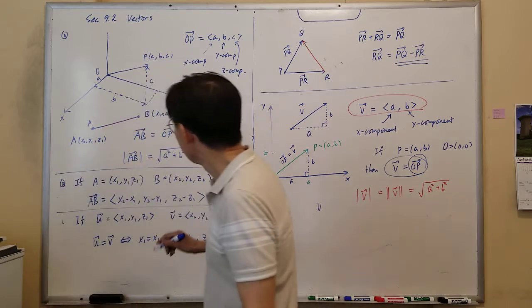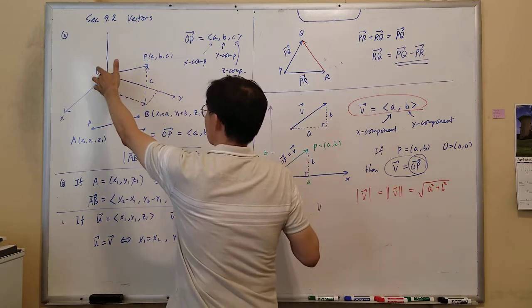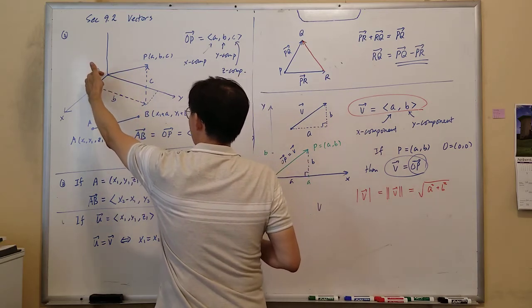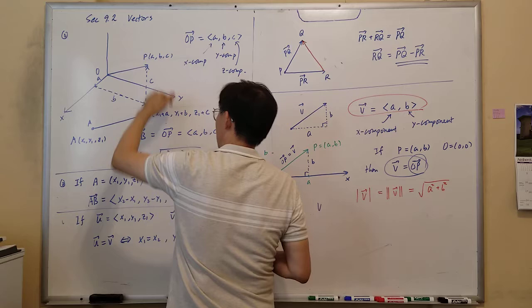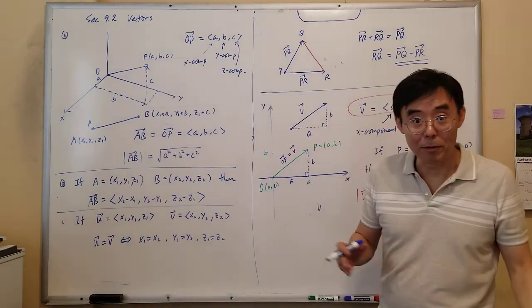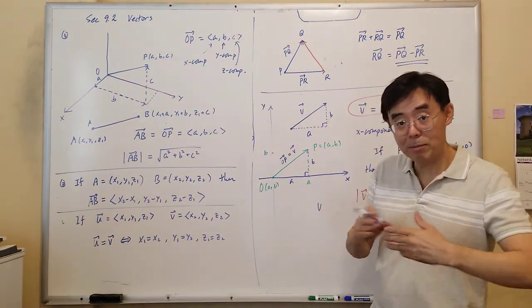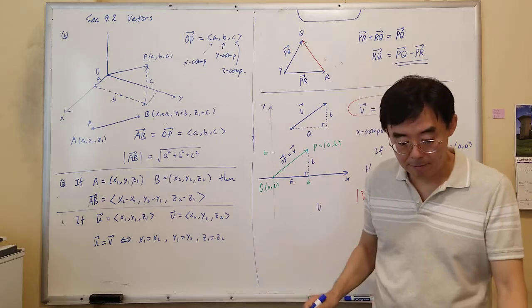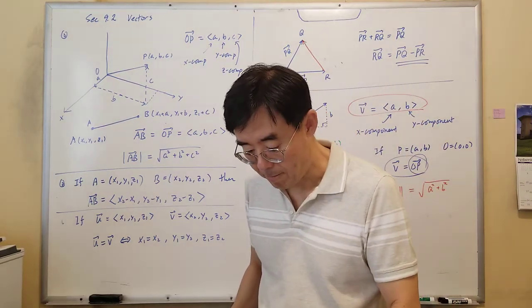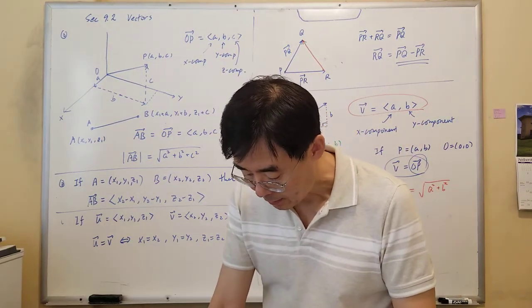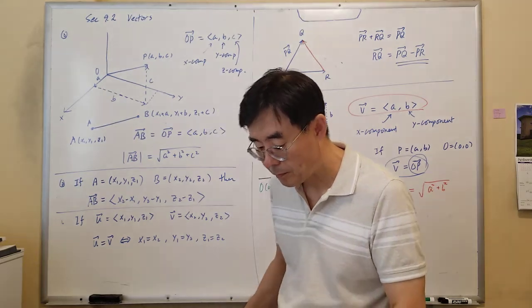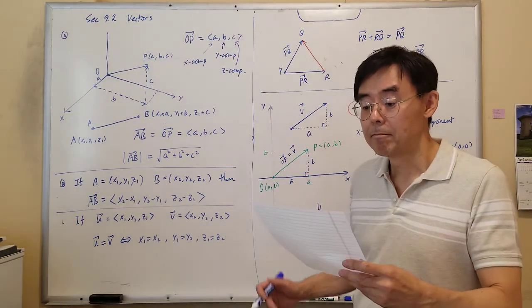Right? If two vectors have the same direction, then if you draw the two vectors starting from the origin, they will end up at the same terminal point, right? So components must be the same, obviously. Okay?